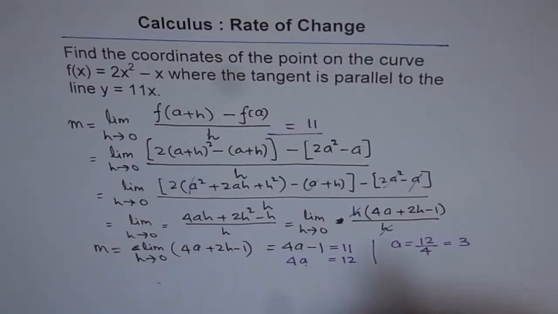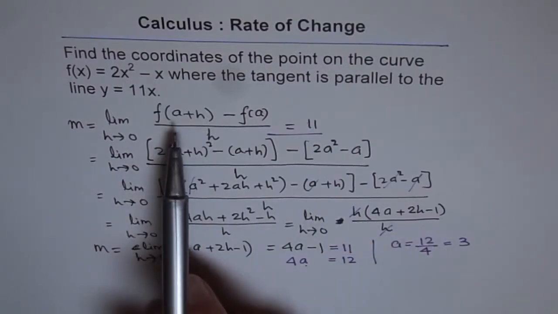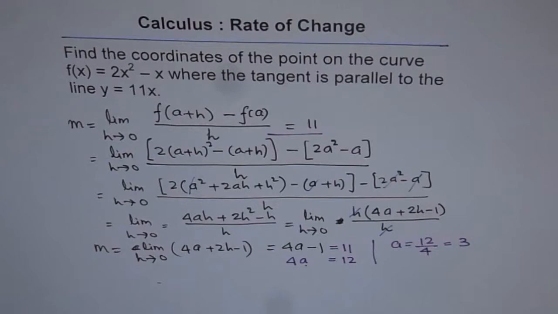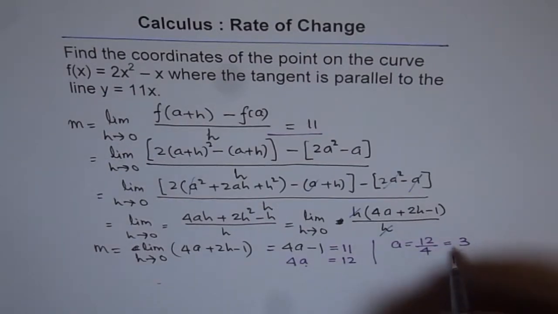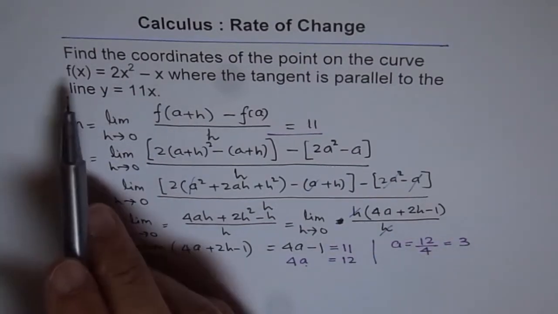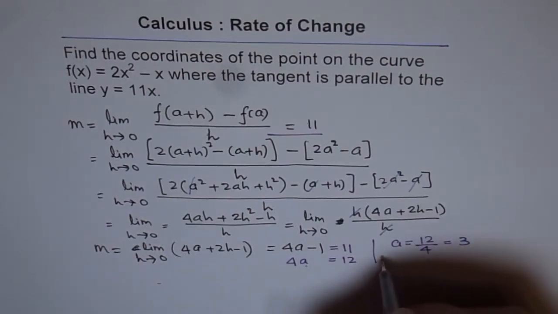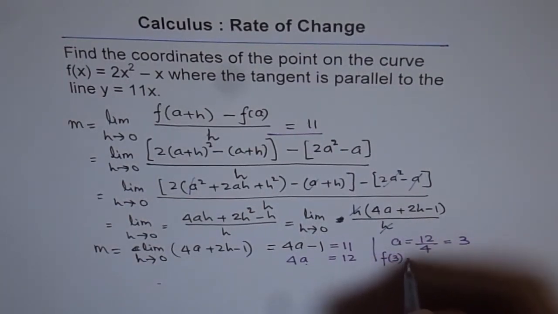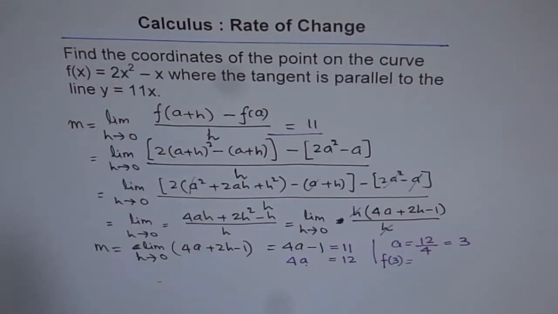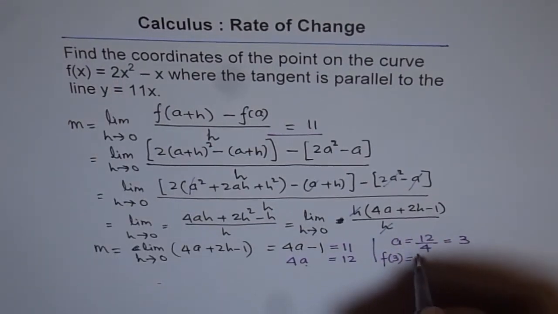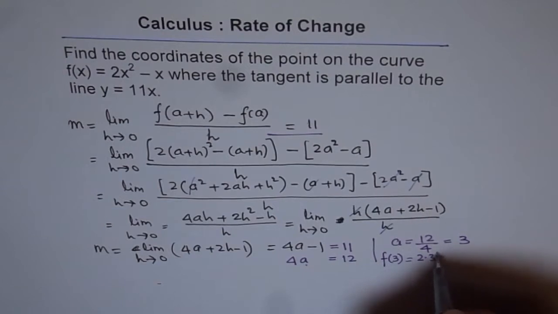So a is actually the x value which we assumed. And the y value should be f of a, which is f of 3. So let's find what that value is. f of 3 is equal to, if you put in 3 here, 2 times 3 squared minus 3.